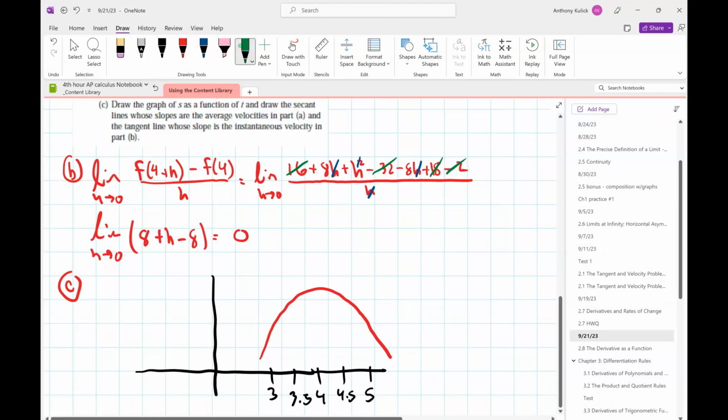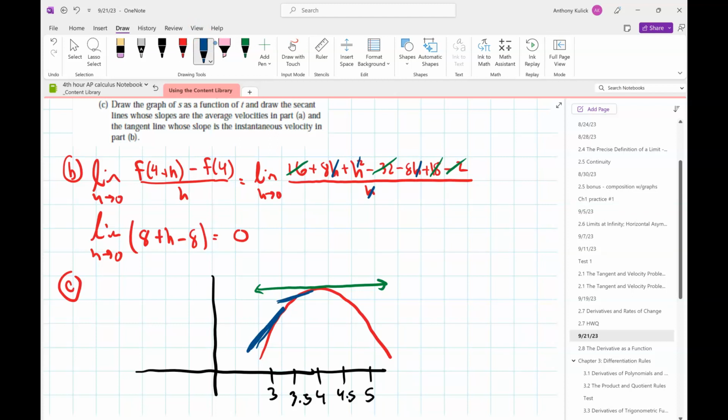So there's my instantaneous velocity, right? At 3, it said the slope was 1. At 3.5, it's like a half. At 4.5, it's like negative a half. At 5, it was negative 1. So that's kind of what you're seeing.